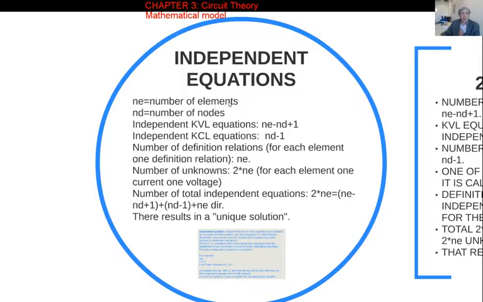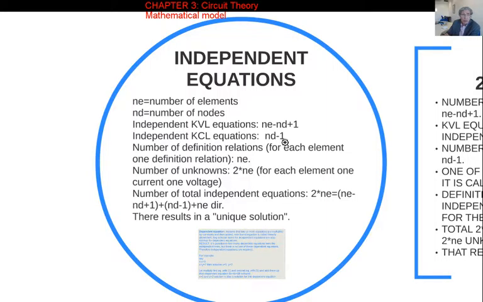If NE is the number of elements and ND is the number of nodes, these are directly related to the circuit topology. The number of independent Kirchhoff voltage law equations is NE minus ND plus 1. The number of independent Kirchhoff current law equations is ND minus 1.